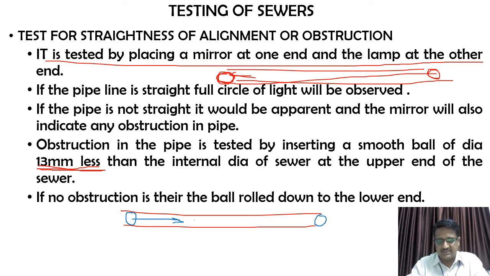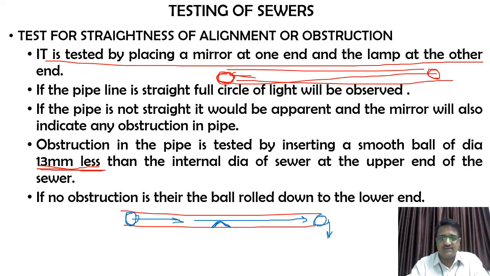If these rollers automatically come to the lower end and get collected, then we can say there is no obstruction, and the pipe has its straightness. But if there is any debris, or any mishap or other defect, and obstructions are present, then these rollers will not come up to the other end.